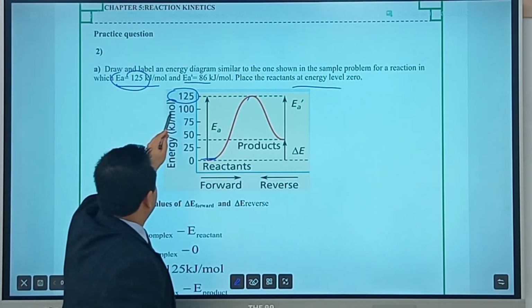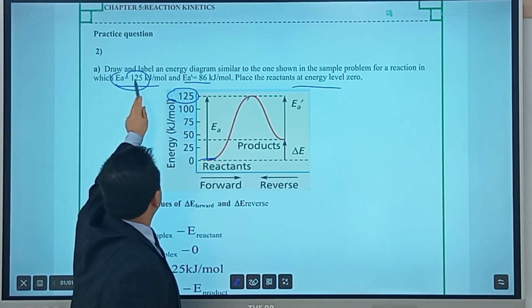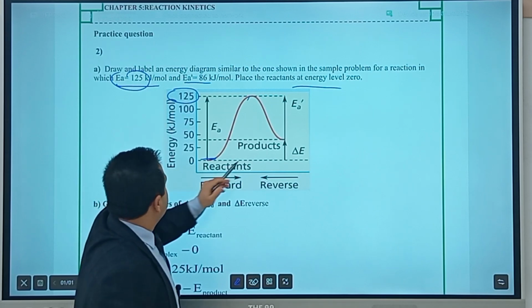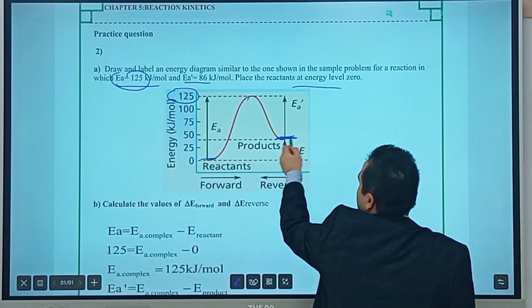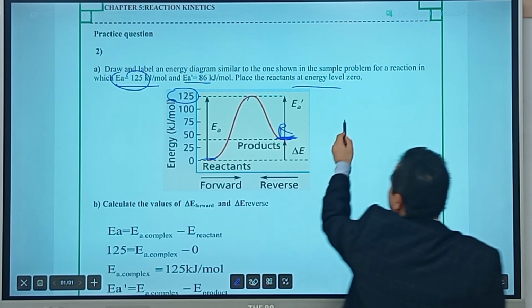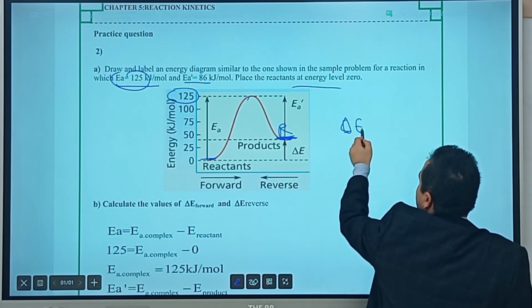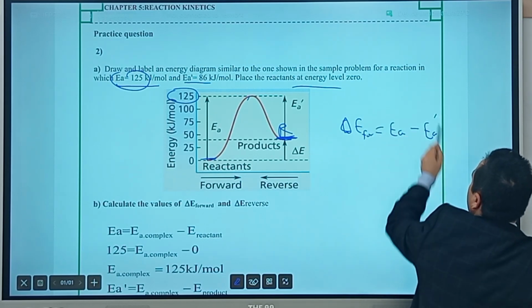Guys, delta E forward is equal to EA minus EA prime. Subtracting these two values determines the position of the product. The position of the product, delta E forward, is equal to EA minus EA prime.